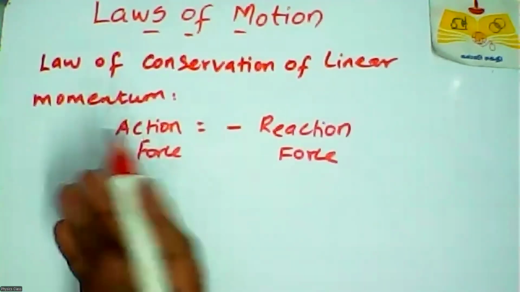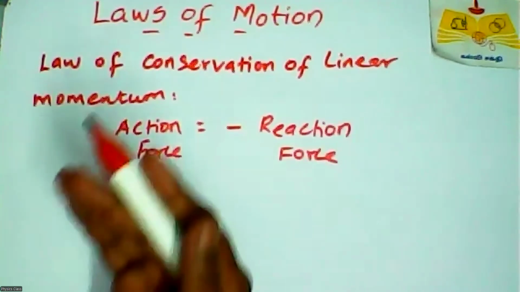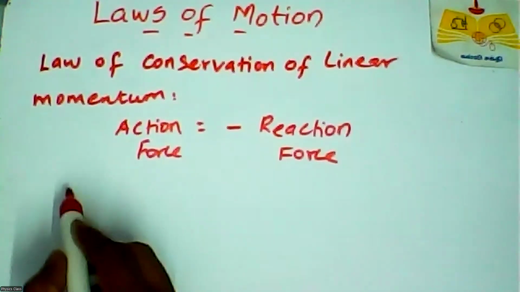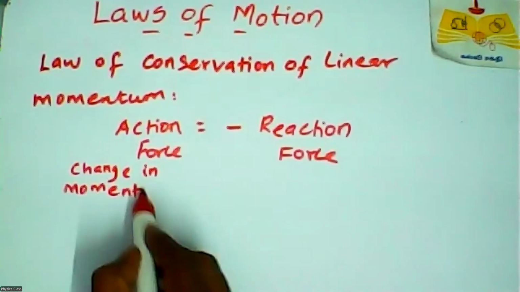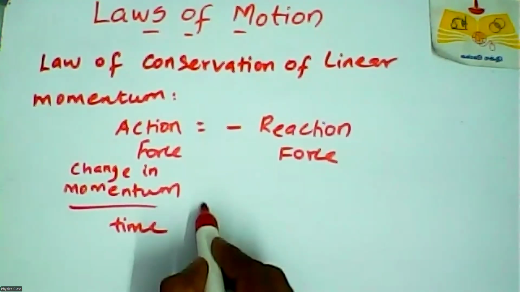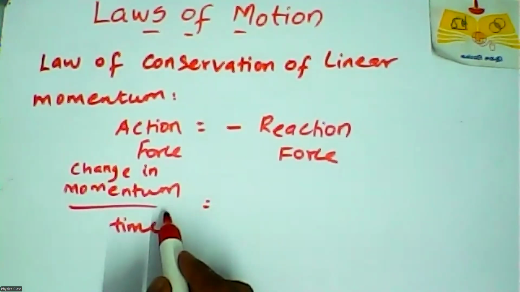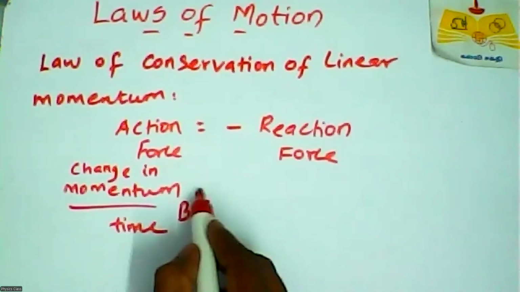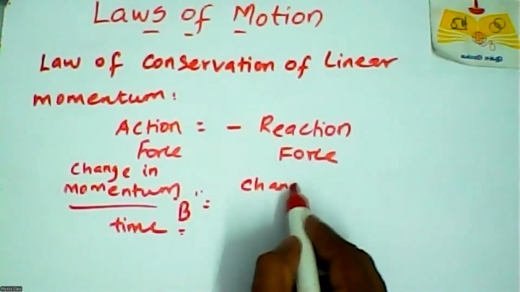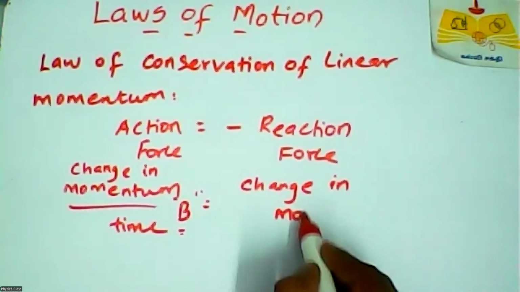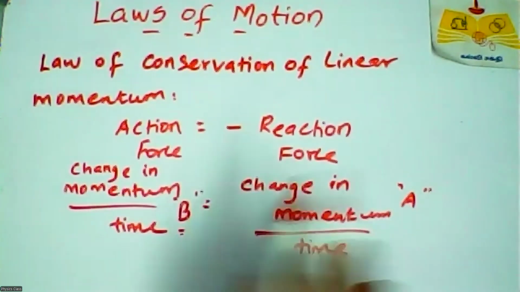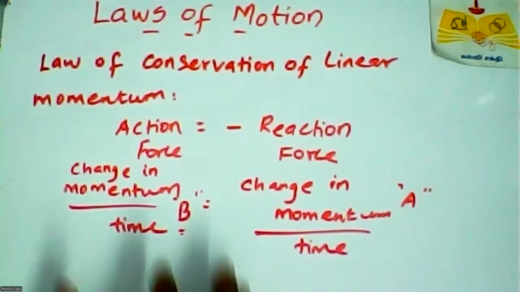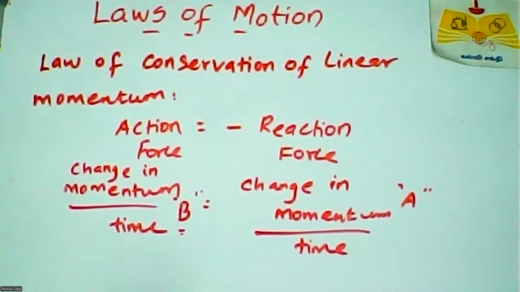So the action force is nothing but the change in momentum. Already I told you that force is change in momentum with respect to time. So this is the action, which is given by B. So B object's action is the change in momentum of A by time. Because by the action-reaction concept, force is nothing but change in momentum. Already I told you that a force on an object will change its momentum.